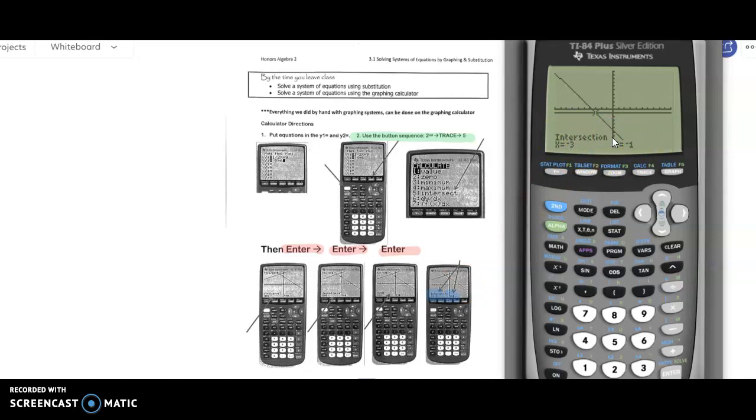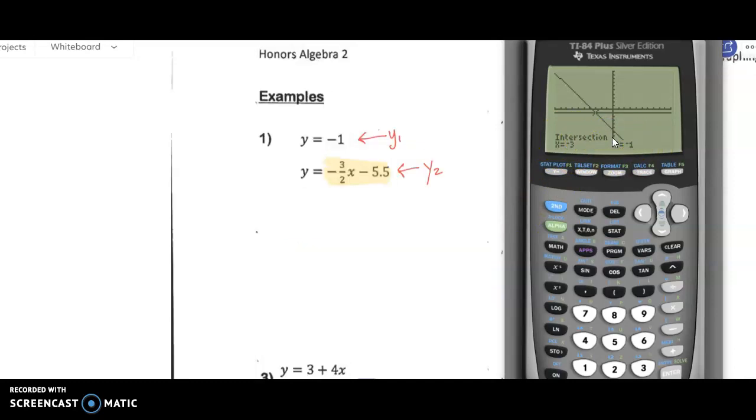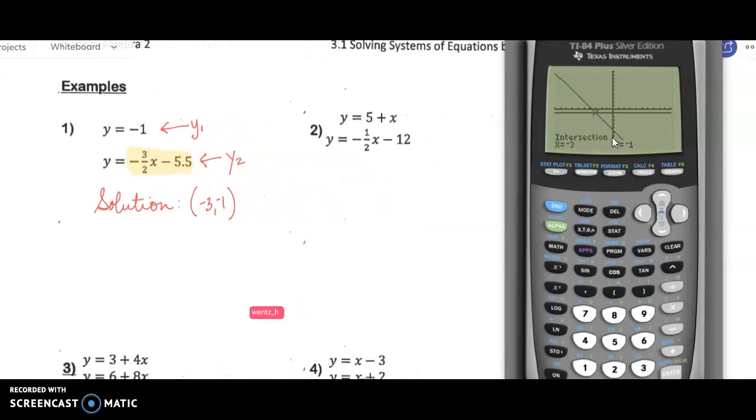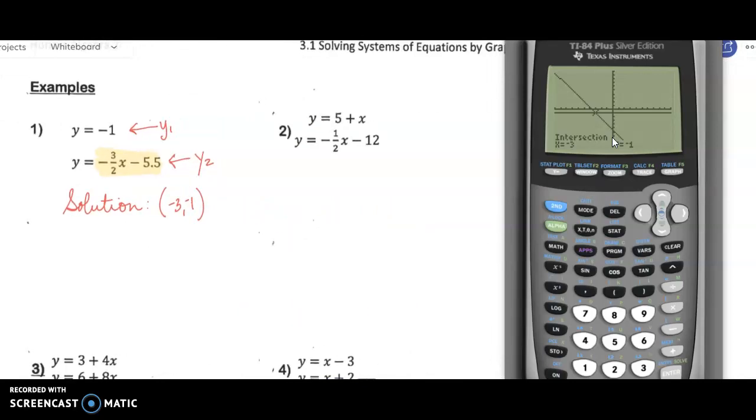It says that your X is -3. So your solution, how about I don't use a highlighter? Your solution for this is going to be X is -3, comma, Y is -1. And that's your solution for that one. And we can do the same thing and practice this next one.